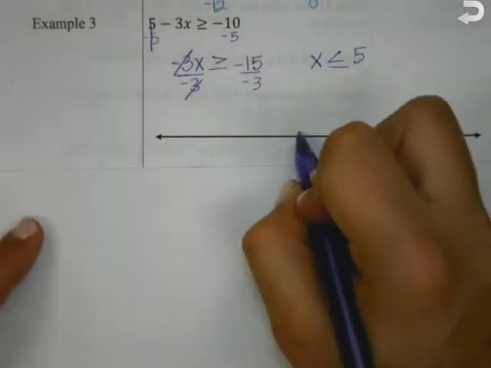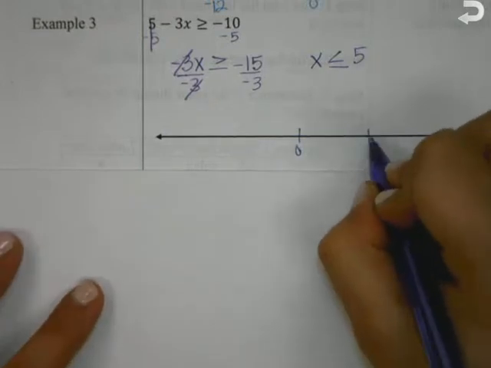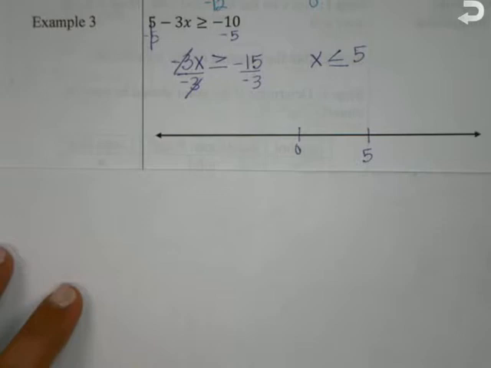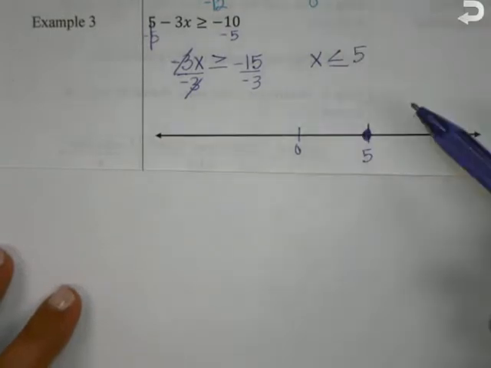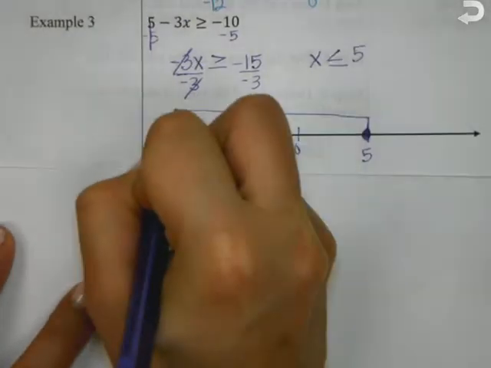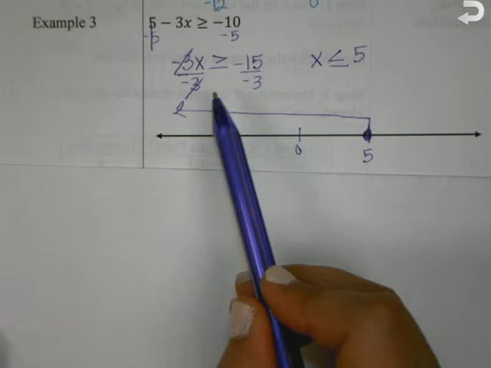Is 5 to the right or to the left? To the right. Is my dot closed or open? Closed, because there's an equal. And where is my arrow pointing? To the left, because we divided by a negative, so you have to flip the sign.